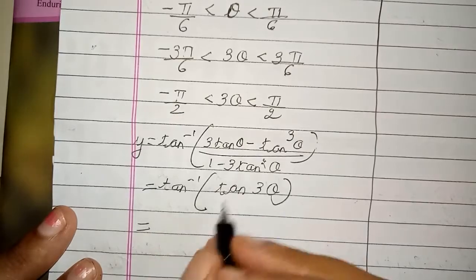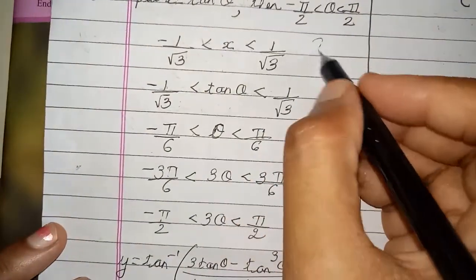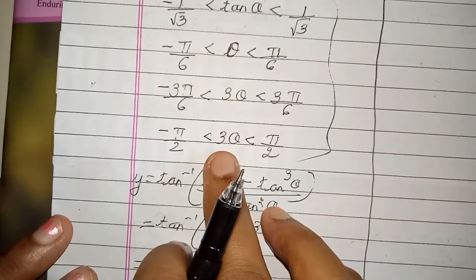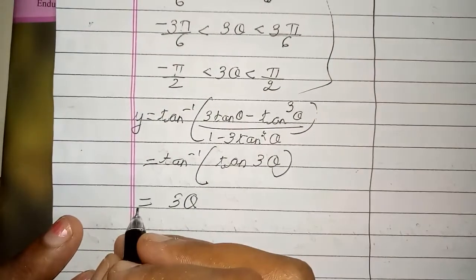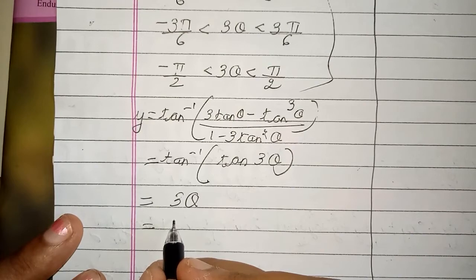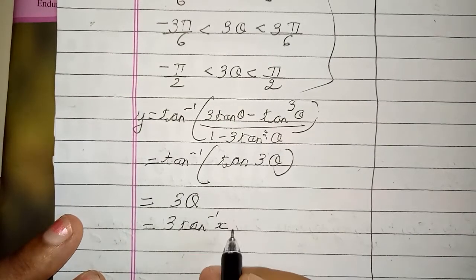So I can cancel this and write here 3 theta. So I have guaranteed the existence of tan 3 theta, so that the value will be in the range. That means it will be well defined. So this is nothing but 3 theta. Theta is our tan inverse of x, because x is tan theta.